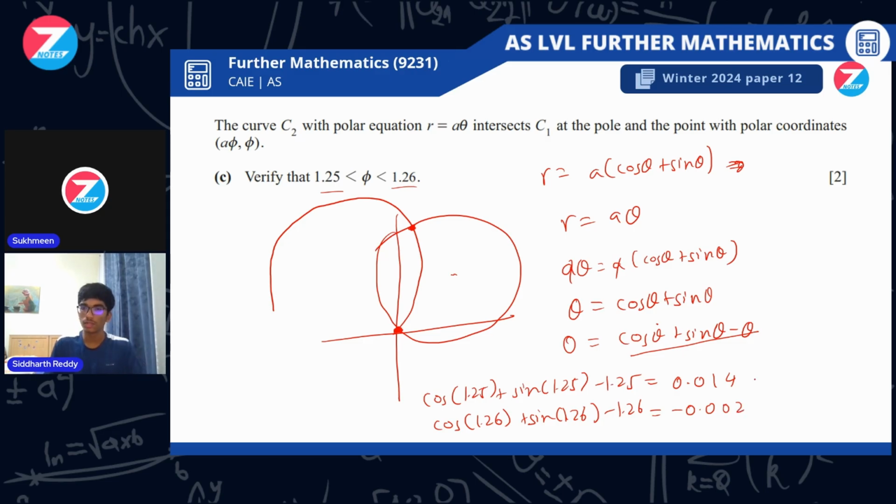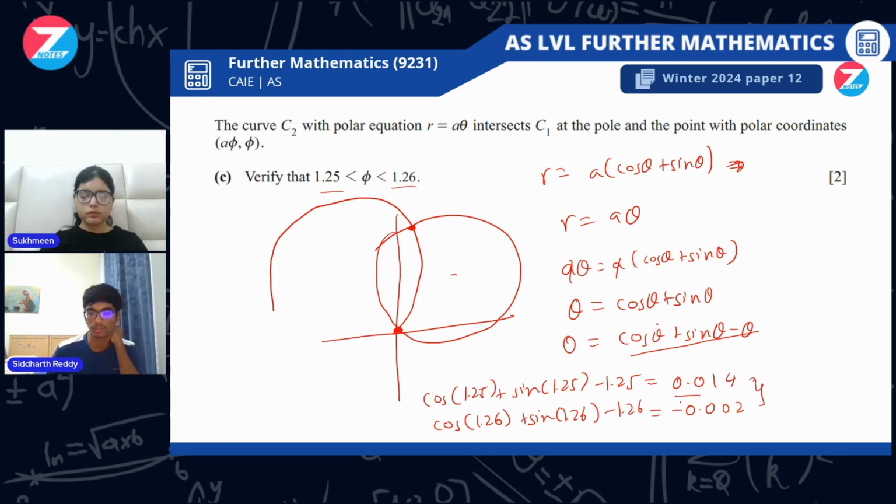So we can see between these two inputs we got a sign change. It went from positive to negative. What that means is that there is a root between 1.25 and 1.26 at which the result will be exactly 0. So that's how you solve this question.